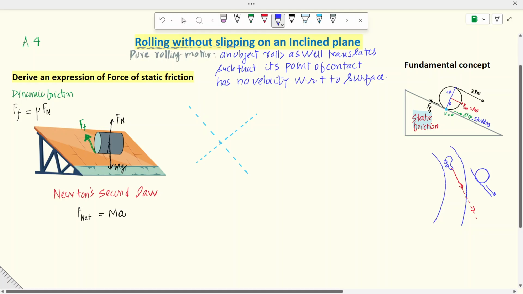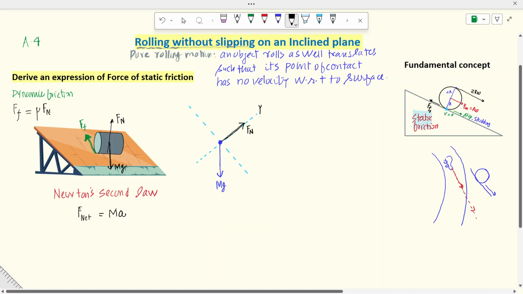Dear students, if I represent the cylinder with this point, one force is exerted vertically downward, which equals the weight mg. One force is applied perpendicular to the surface, because this is the y-axis, so this is the normal force.